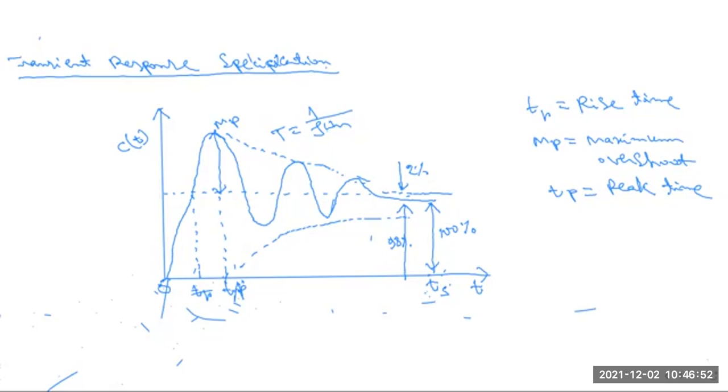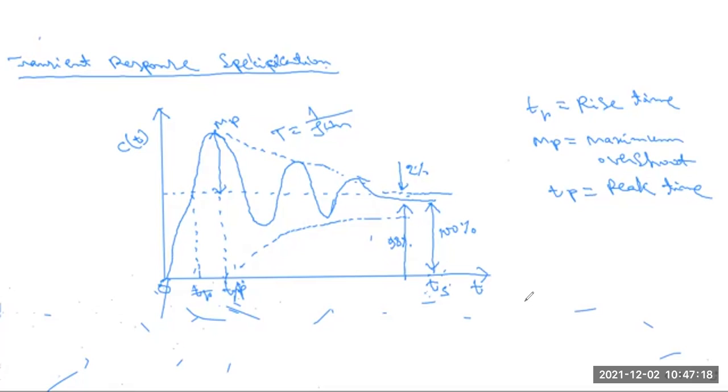Just let us recall. This is the output response of the second order control system in two regions. One is the transient response, another one is the steady state response. From 0 to this point is called the transient response analysis. After this, the result is at a stable position, which is called the steady state response.